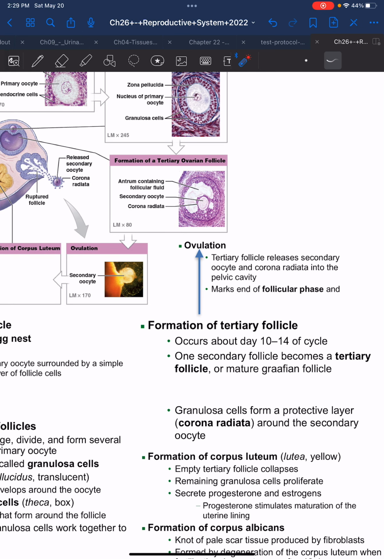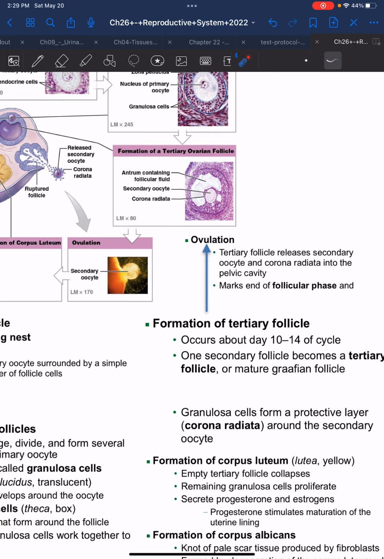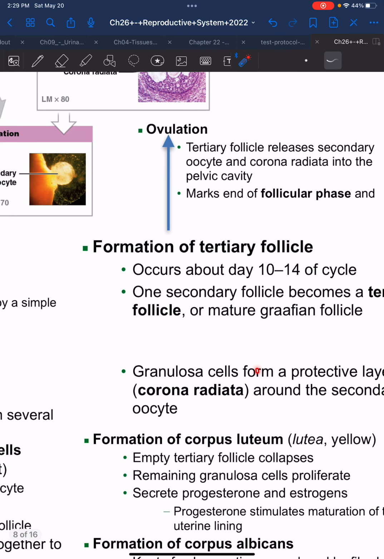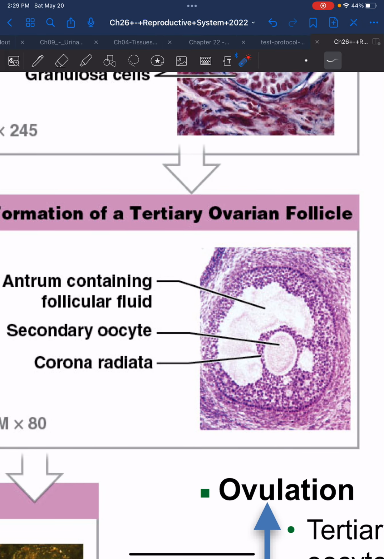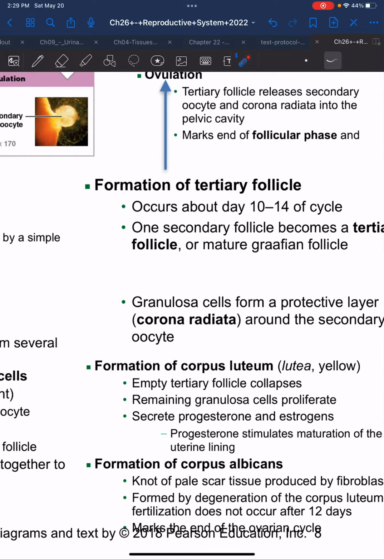And that secondary follicle will turn into a tertiary one, and then a new structure arises called the corona radiata, which translates to radiating crown. If you look at our oocyte, you can see it has this layer of cells that surrounds it. That's what we mean by the crown, the radiating crown. And this is known for contributing proteins to the developing oocyte.